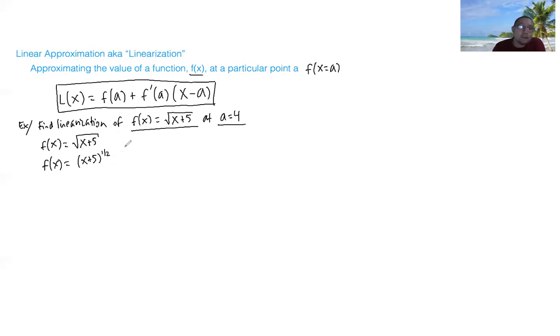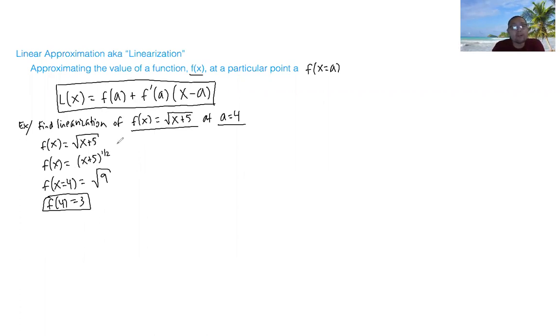If we evaluate at x is equal to 4, we get 4 plus 5, which is 9, and that's going to be square rooted. The square root of 9 is 3. So we already have one part of our formula.